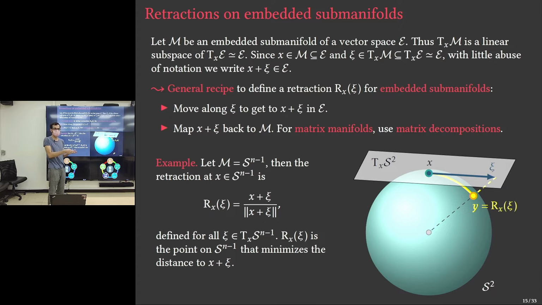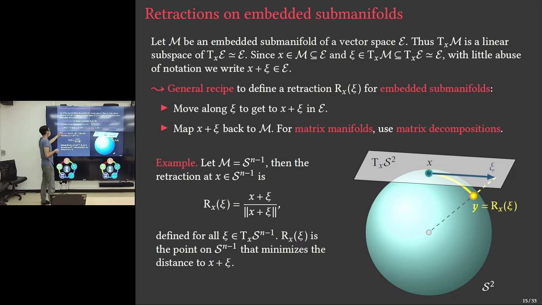When we are on the tangent space, an element of the tangent space can also be seen as an element of the embedding space. So with a little abuse of notation, we can write that if we sum X, a point of the manifold, plus a tangent vector, we are in the Euclidean embedding space, calligraphic E.